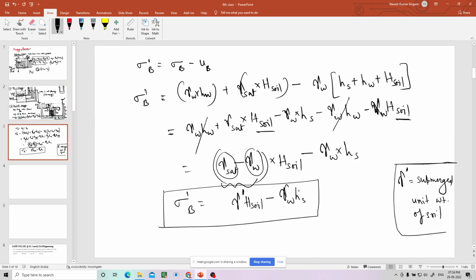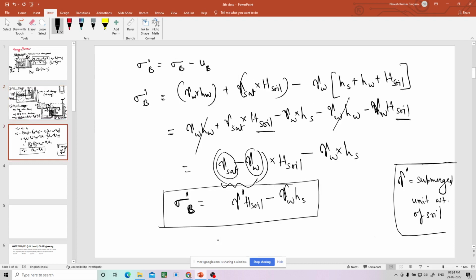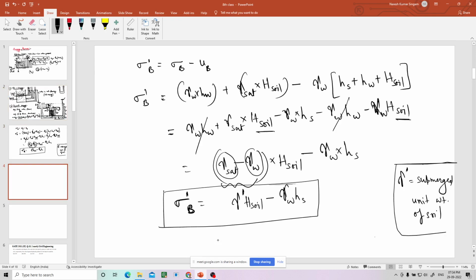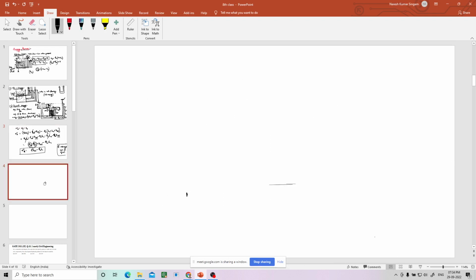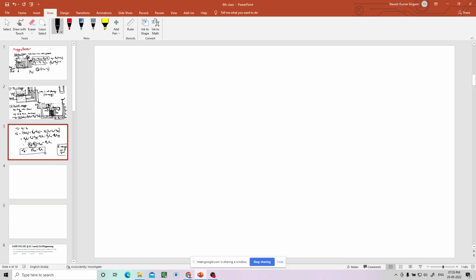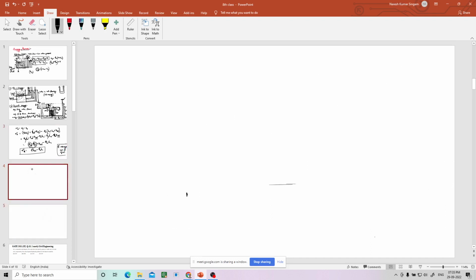Can you tell me what is the effective stress at B if the container height is this? We need to subtract H soil plus H plus... Let me draw that. Again there is some problem started.